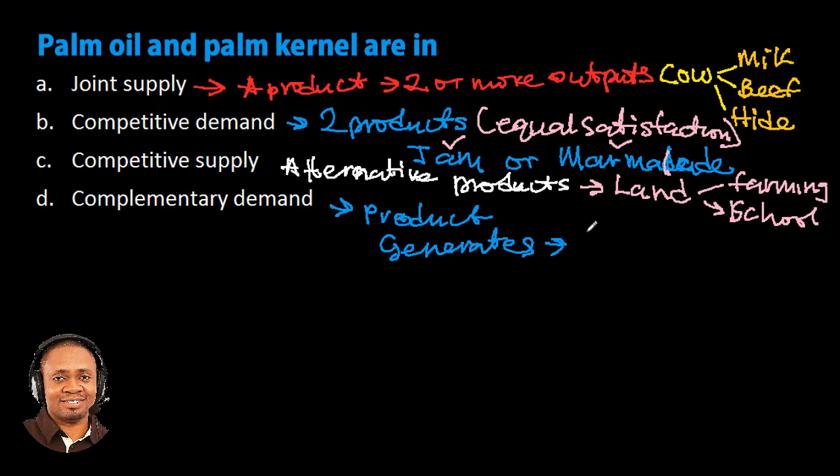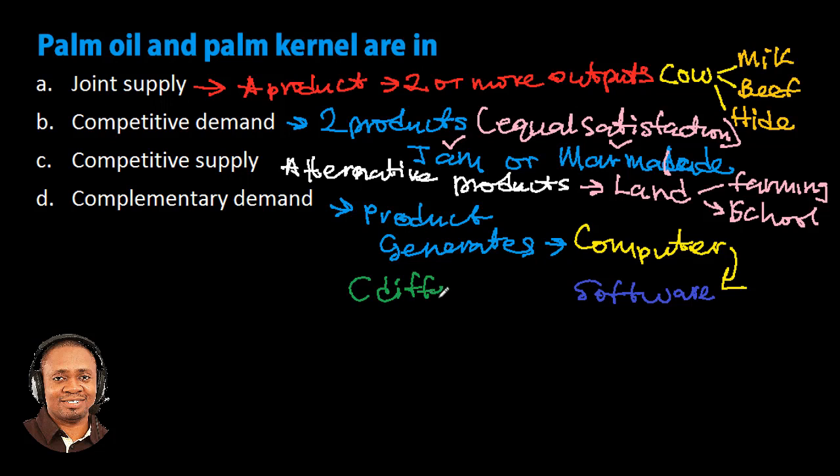If we take for instance the demand for a computer, we generate the demand for software. But mind you, these two products are different. They are two different products, but they are related.